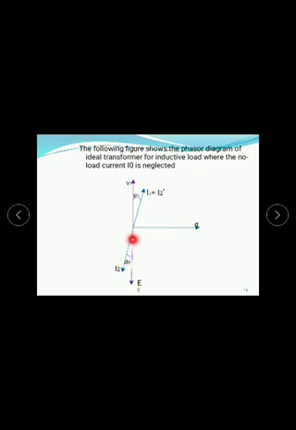When I2 is projected in this way, it gives the I2 dash. Here I0 is neglected as compared with the load current. So in this way we can write I1 is equal to I2 dash. Here phi2 means the phase angle between E2 and I2. This phase angle is lagging.